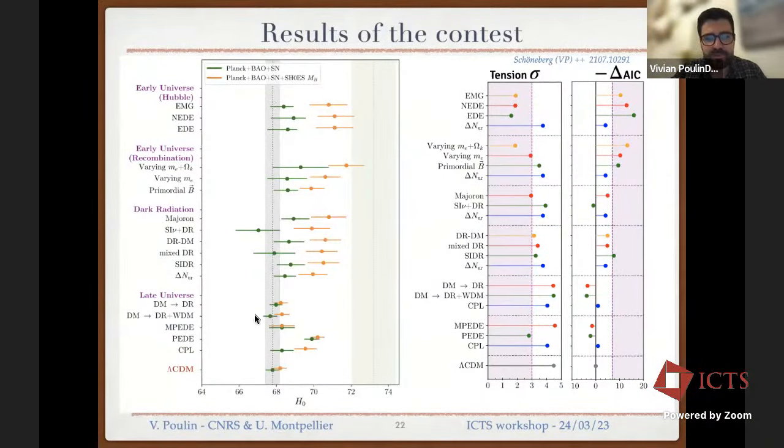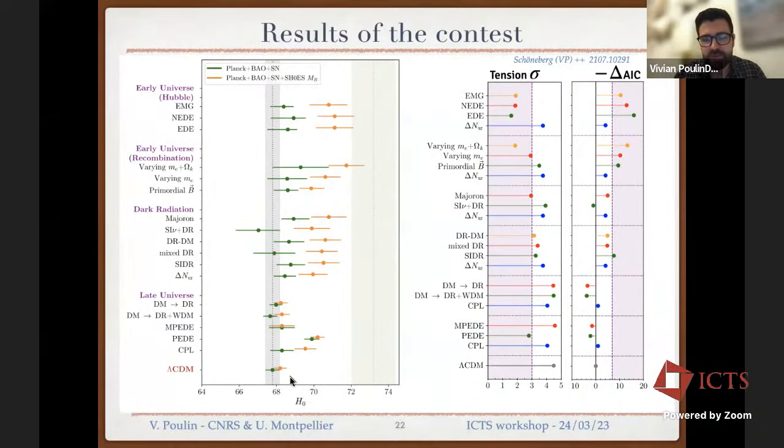In green, you have the approach where we don't include any information about the Hubble parameter or the magnitude of supernovae at late time, in the low redshift universe. In orange, we show you the results for all these models once we do include the intrinsic magnitude, the constraints from SH0ES.